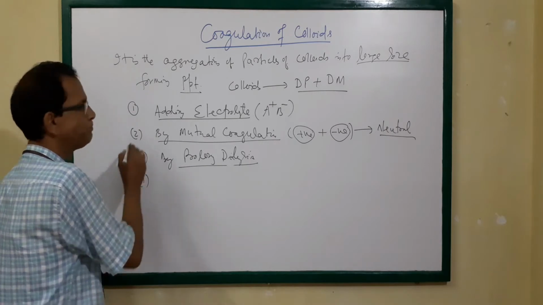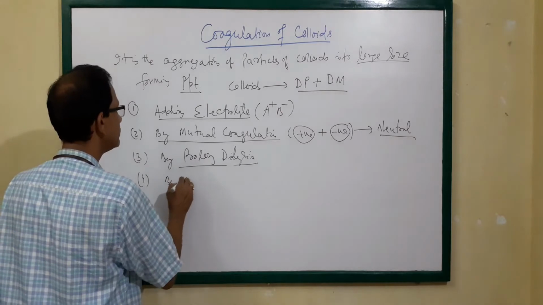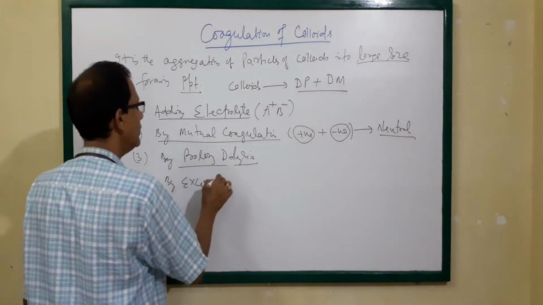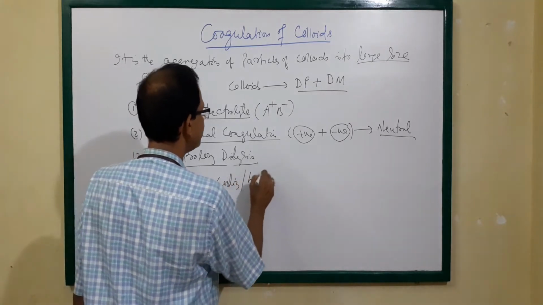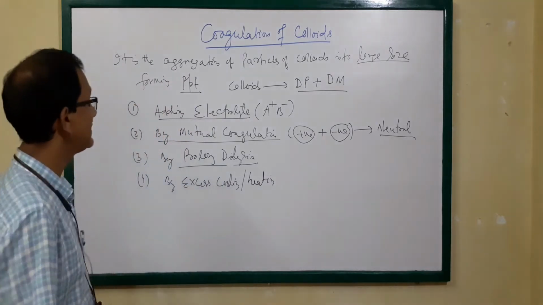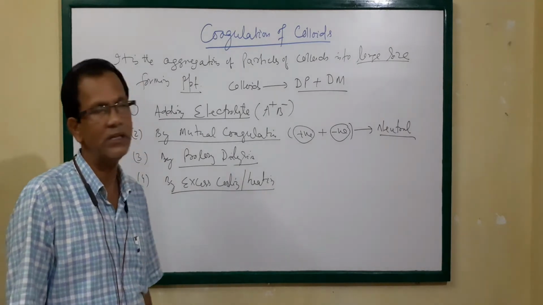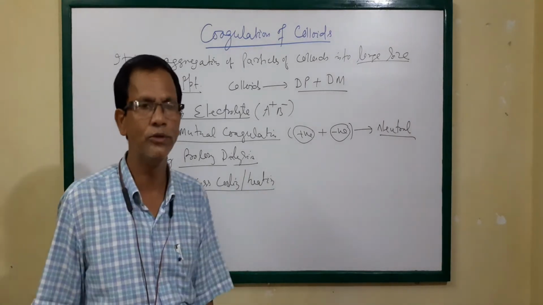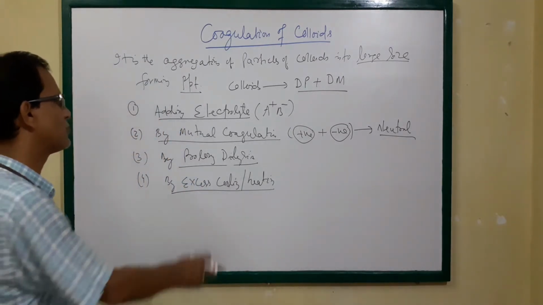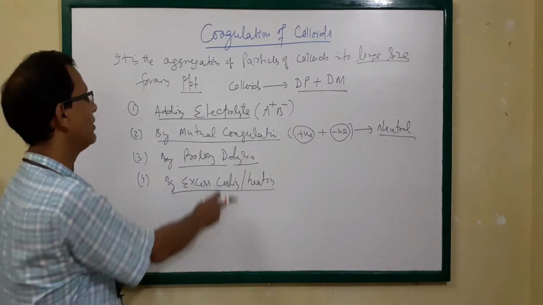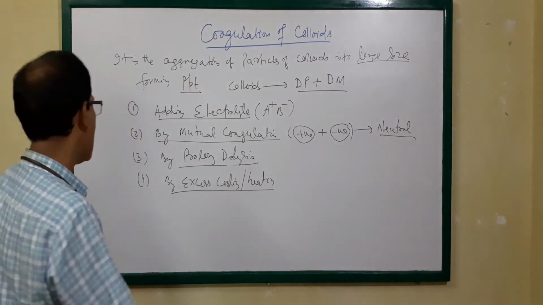Fourth one is excess cooling or by heating. That means if the colloidal solution is heated strongly or cooled to a very low temperature, it may cause coagulation. So excess cooling or heating, prolonged dialysis, mutual coagulation, adding electrolyte.